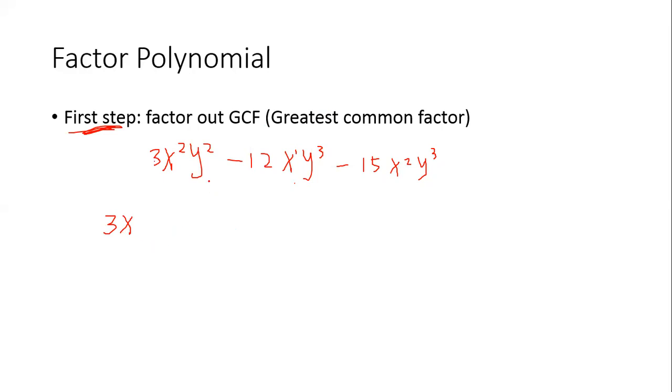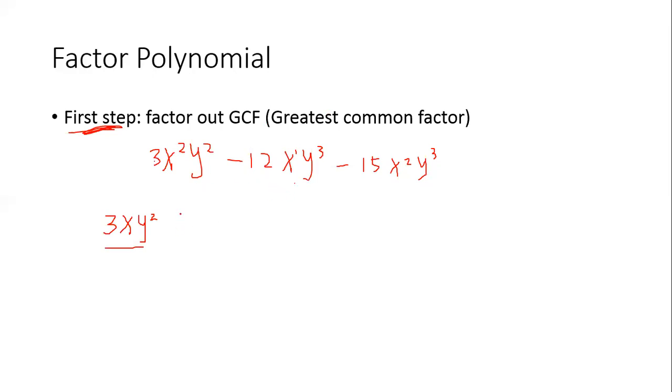Same idea for y. I have y squared, y cubed, and y cubed. So the second power is the smallest among the three. So y squared is the greatest common factor. That is called the greatest common factor for all three terms.